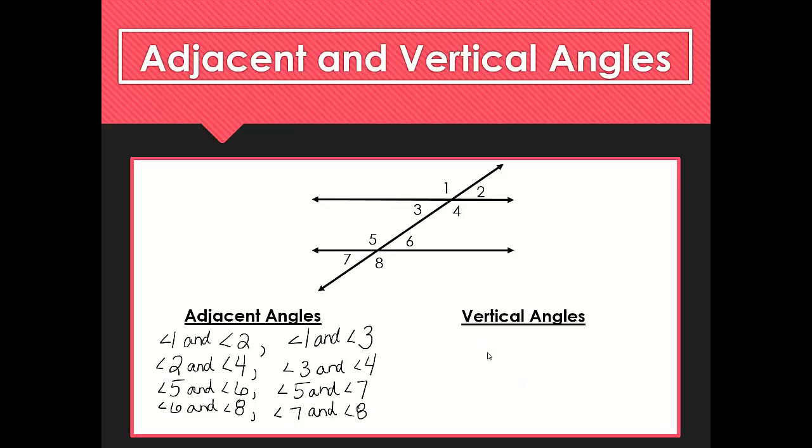Now we'll look at the vertical angles in our diagram. The vertical angles are across from each other and they are congruent, they're equal. So angle 1 and angle 4 are vertical angles. Angle 2 and angle 3 are vertical angles.